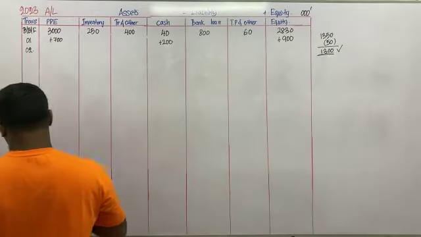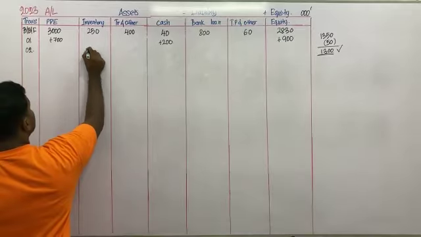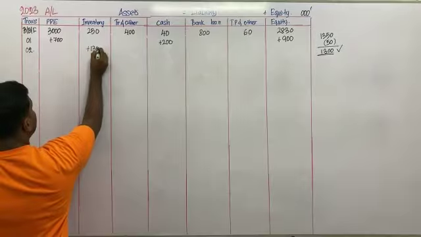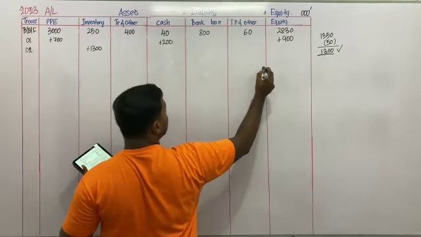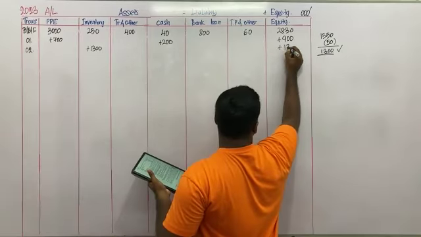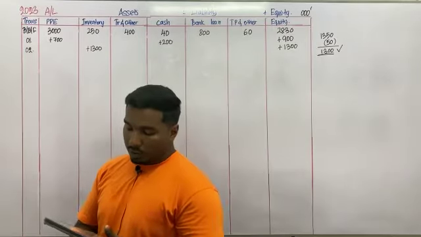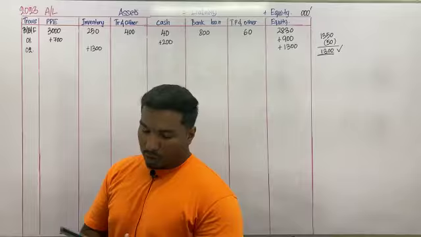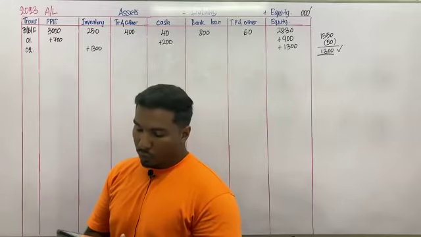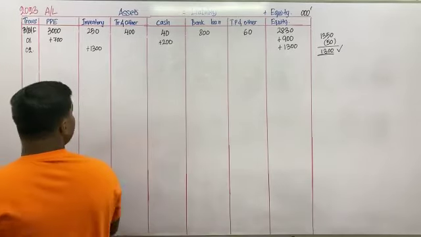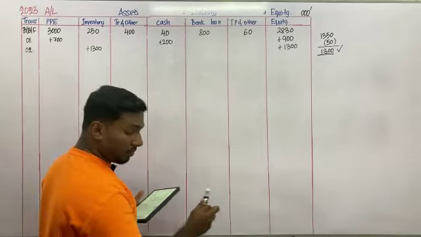So we are purchasing on a credit basis 1,300, and here 1,300. Transaction number 3. Goods costing 800 was sold for 1,400 on credit.